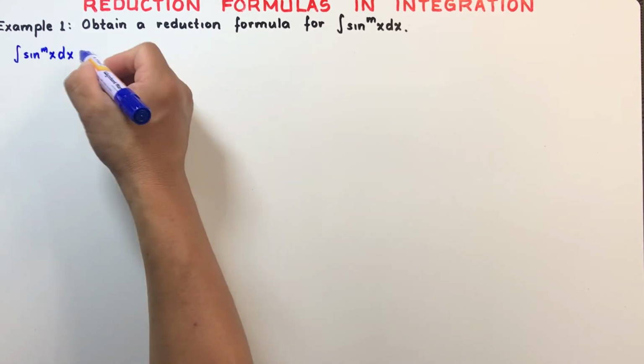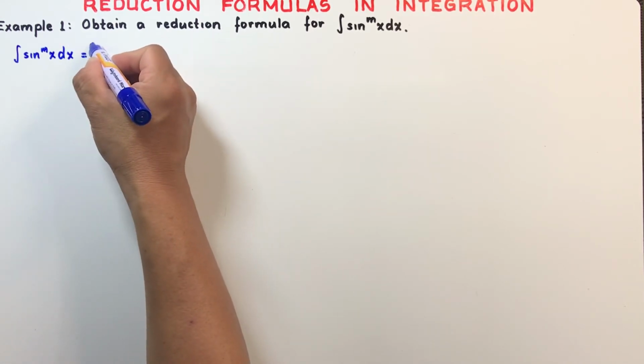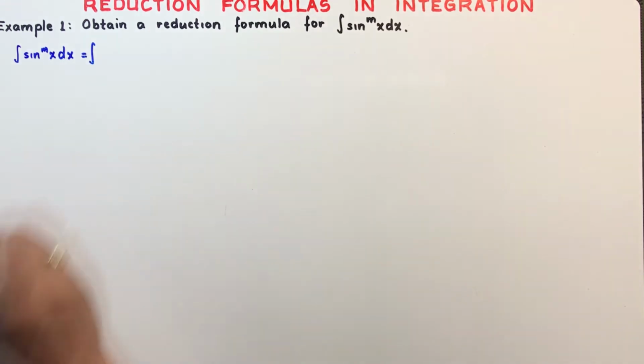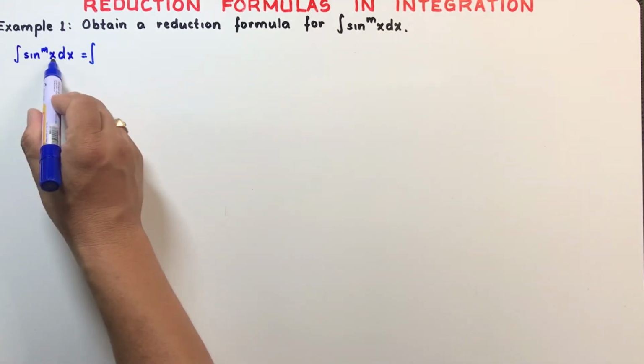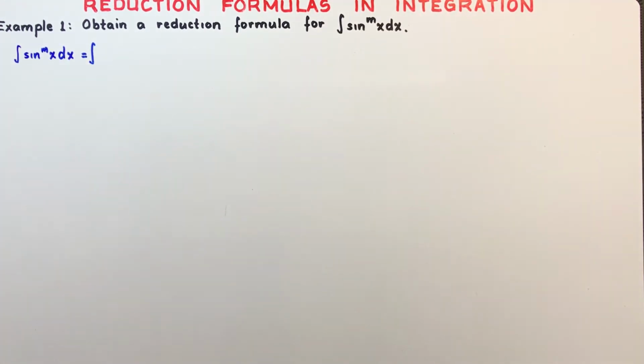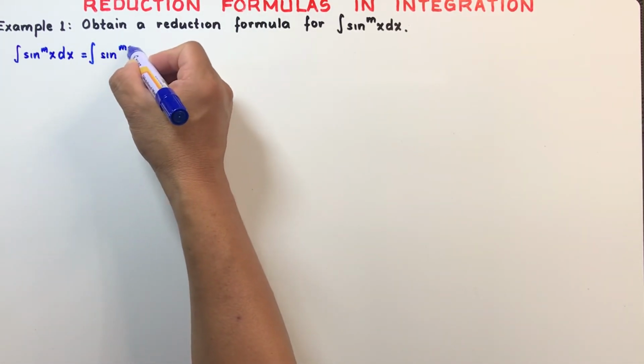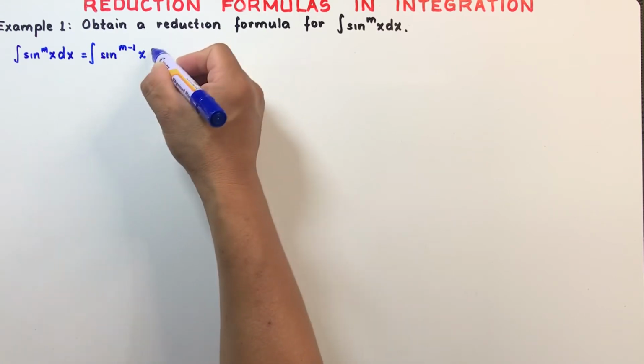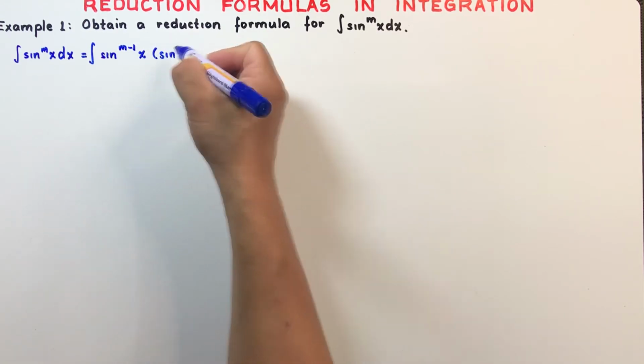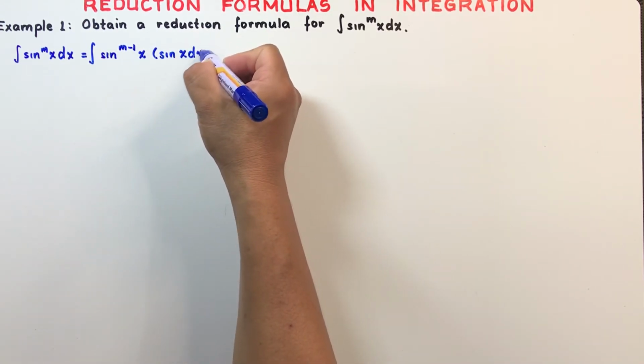And in this case, we need to break down this m power of sine x as sine to the power m minus 1 x times sine x dx here.